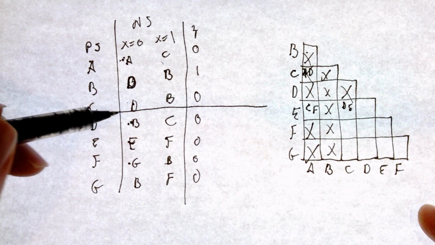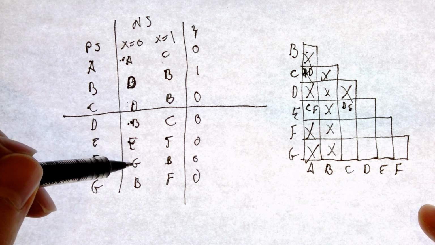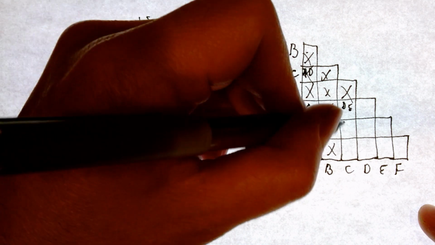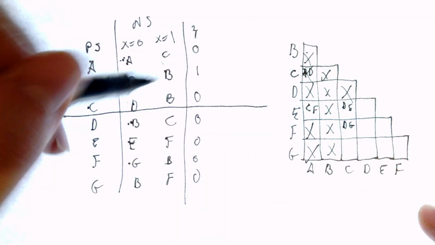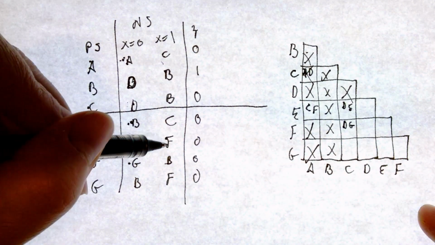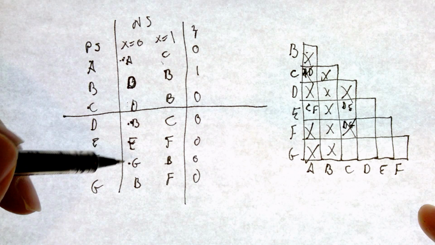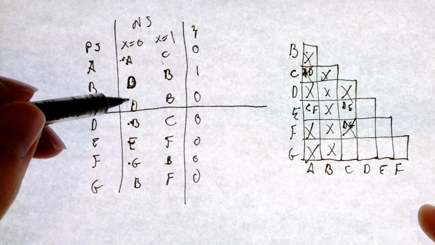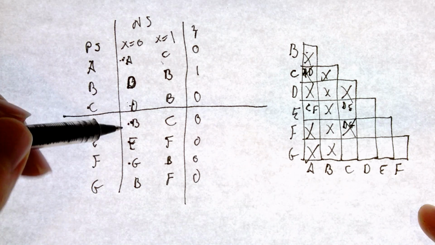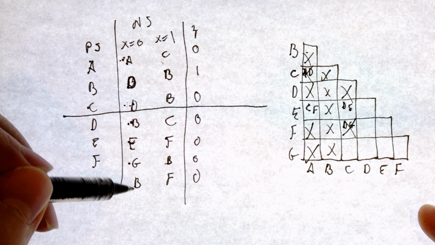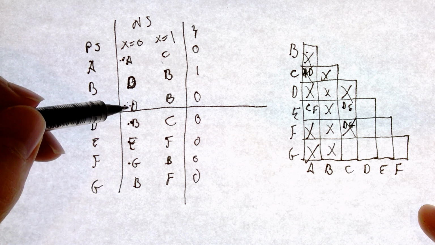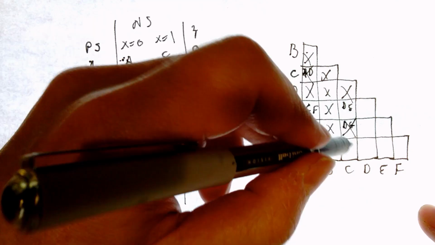C to F. That's DG and BF. Well, BF is already out, so this must be out. What about CG? CG is going to be BD. BD is already out, so this must be out.